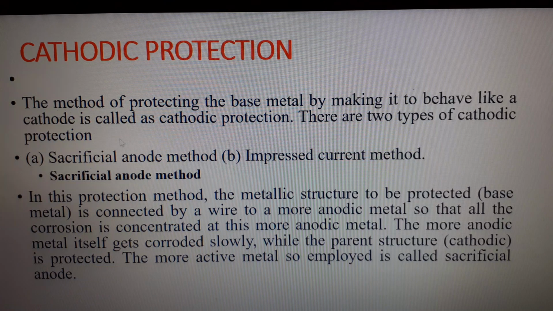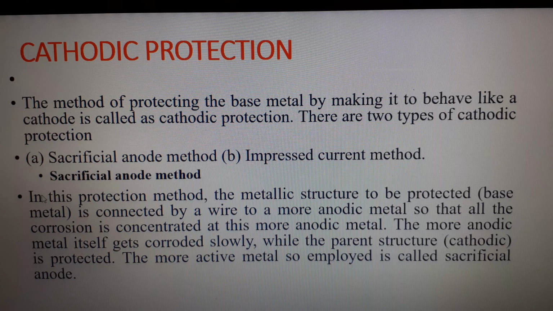The base metal which you have to protect will behave like a cathode, so that corrosion doesn't occur on that particular metal, right? For this we follow two methods, the sacrificial anode method and the impressed current method. Let's first discuss the sacrificial anode.